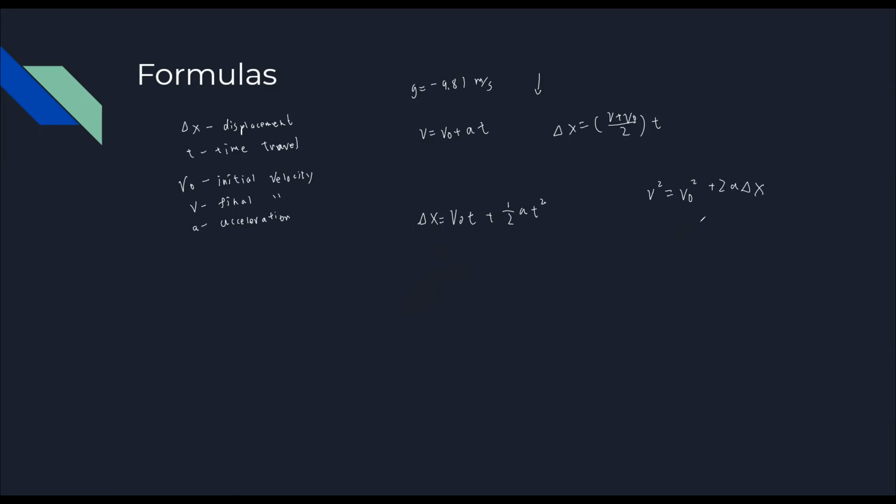Say we know initial velocity, let's say 1 kilometer per hour squared plus 2 times acceleration, let's say 2 kilometers per hour, changing distance, and that would just be, let's say 5. And then this is going to be velocity squared. So then we would just solve this, and then we would find what velocity really is.